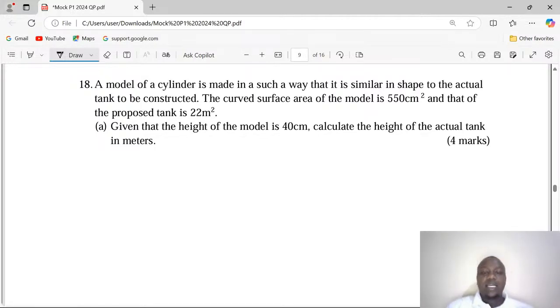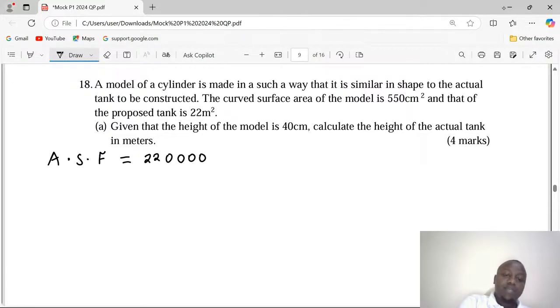Allow me to say that because for the two, what has been provided are the curved surfaces, it means we can get the area scale factor relating the two. So the area scale factor is going to be the bigger one, 22.